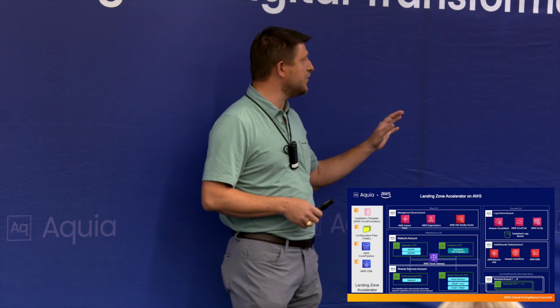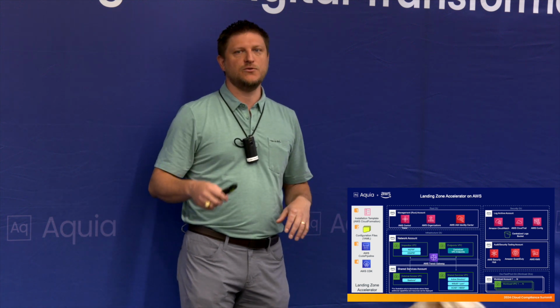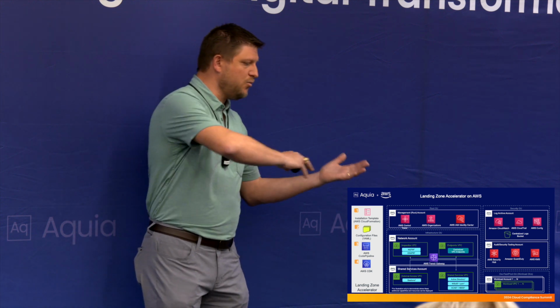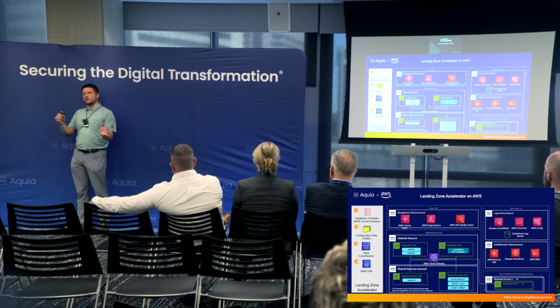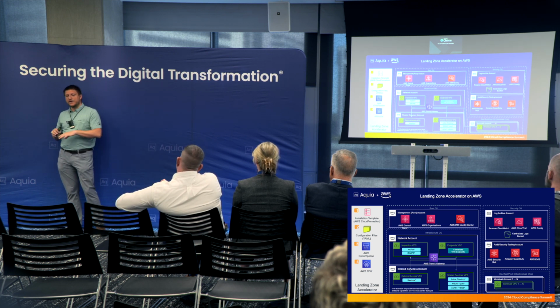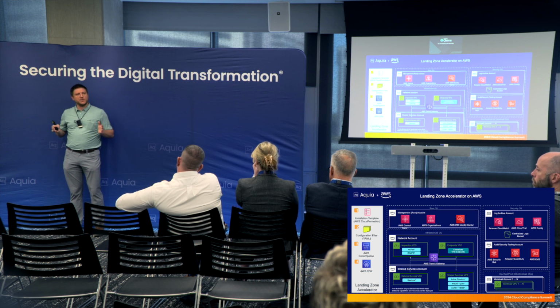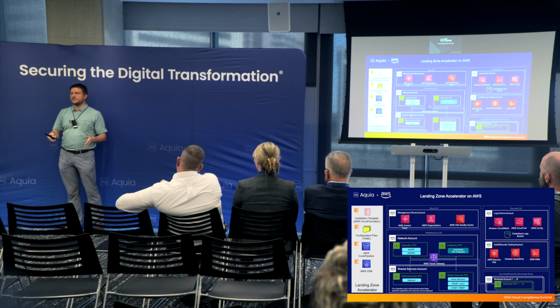Now, we do have partners that will take our infrastructure as code and build upon that to deliver a system more quickly. Some will go as low as, you choose what you want all these things to be and we'll build you a solution based on that, all the way up the scale to, we have a package and we will come and deploy this. It's opinionated. This is what works. This is what we've done for others, and this is what we can deploy today as infrastructure as code.